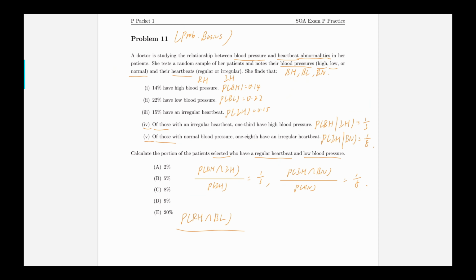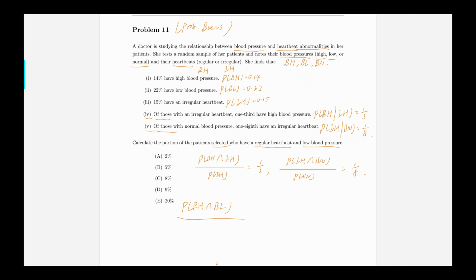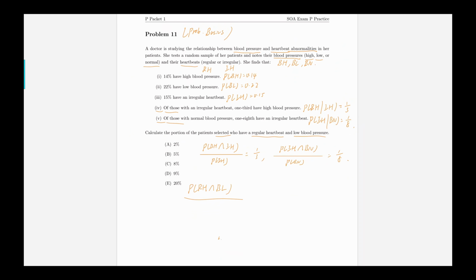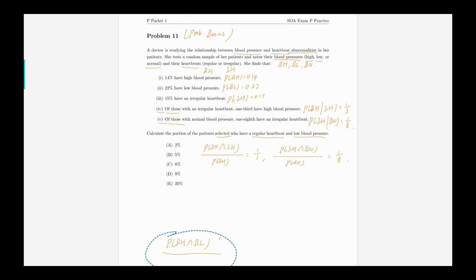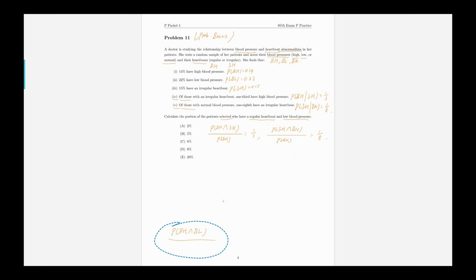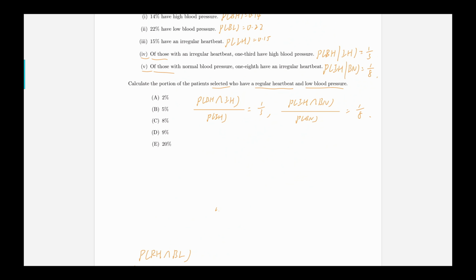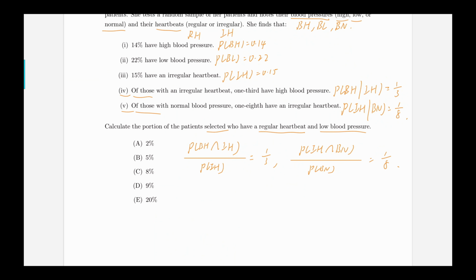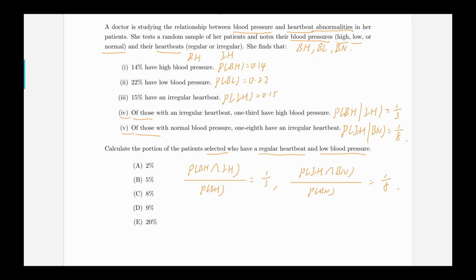Well, the first thing I notice is that I do know about IH, so that's something we are happy about. So maybe I can put this towards the end. IH equals 0.15, so I can immediately change this to 0.15. And I can multiply 0.15 on both sides to make things easier.